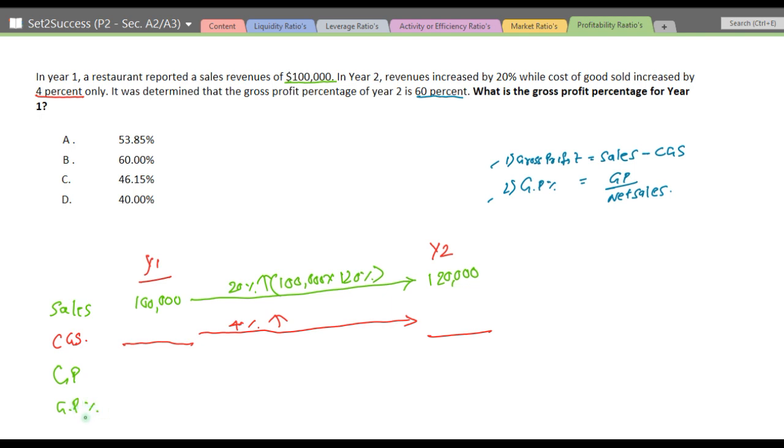The GP percentage for year 2 is 60%. So let us find the GP for year 2. GP percentage is 60%, which is GP by net sales. Net sales in year 2 is 120,000.